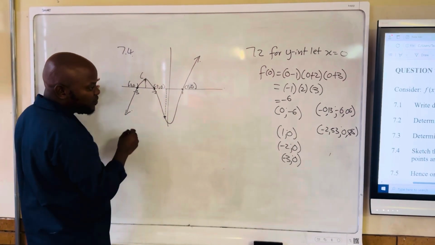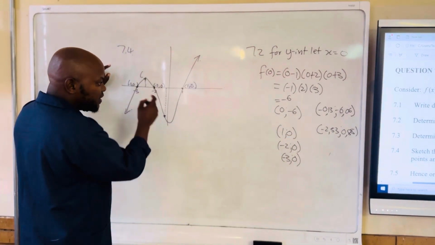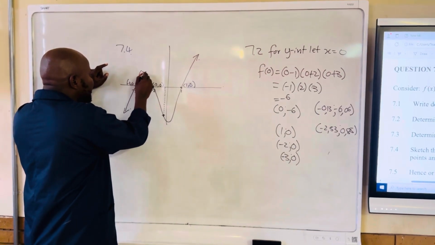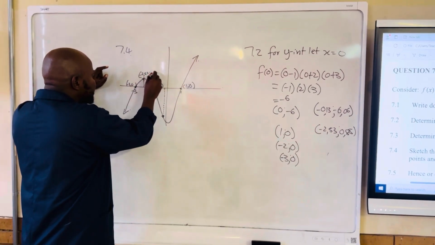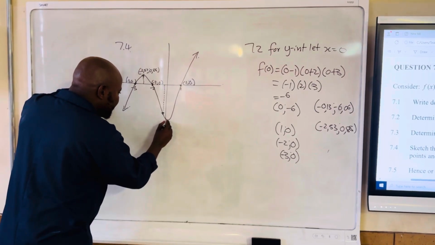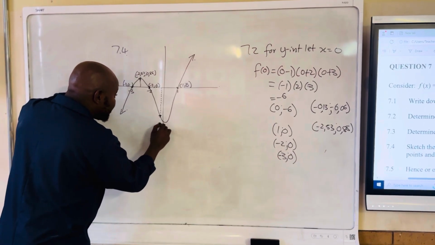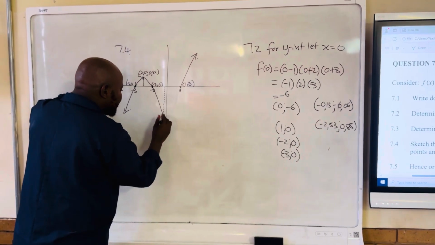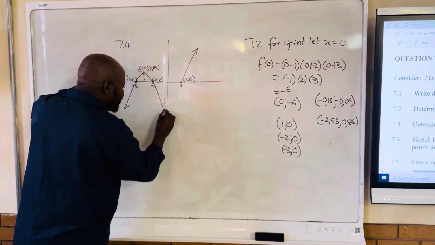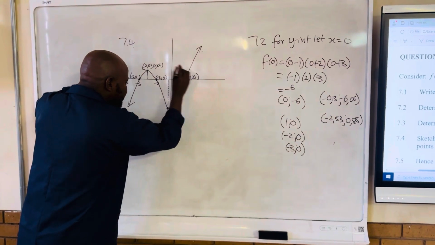Here it will be negative 2,53 and 0,88. This is our turning point. Our graph is turning here now. Nice.